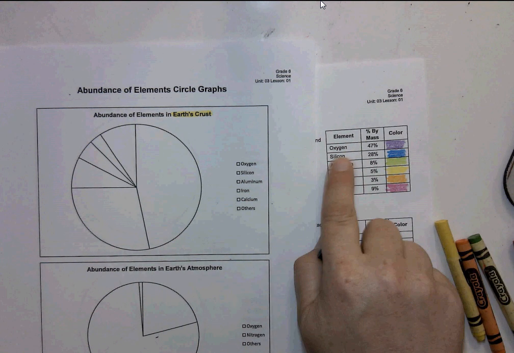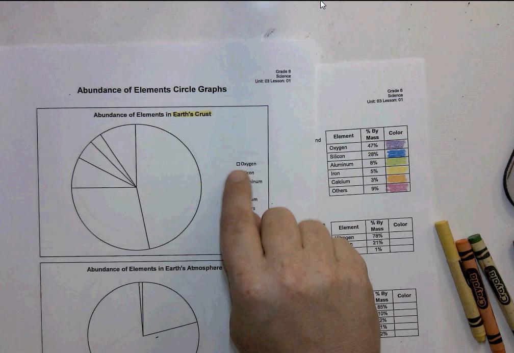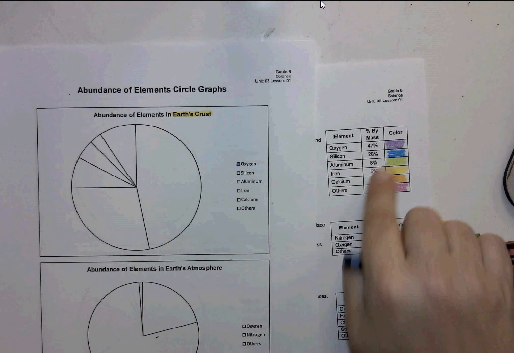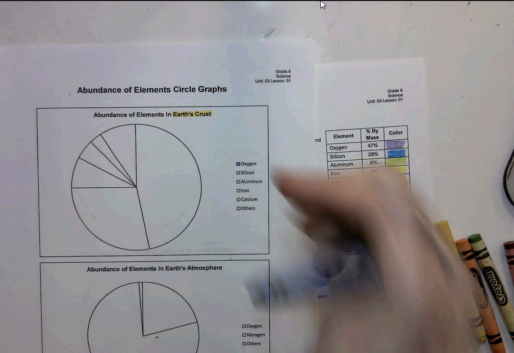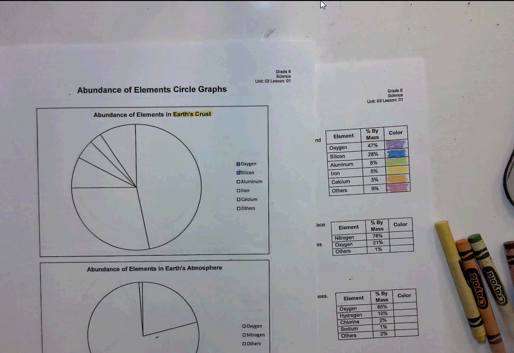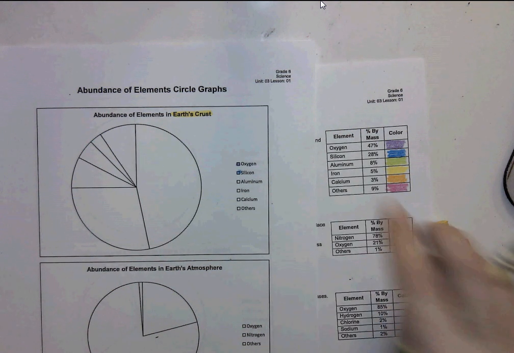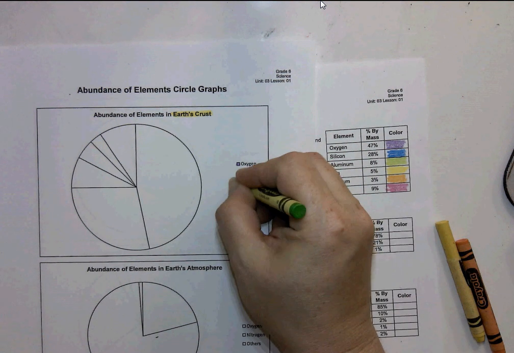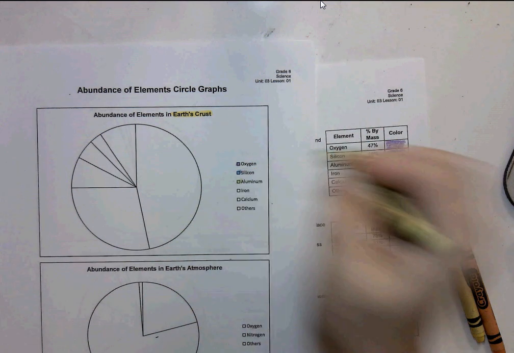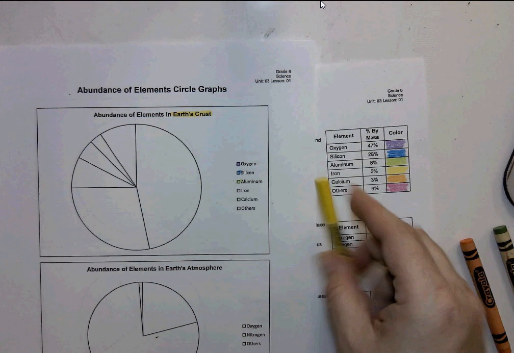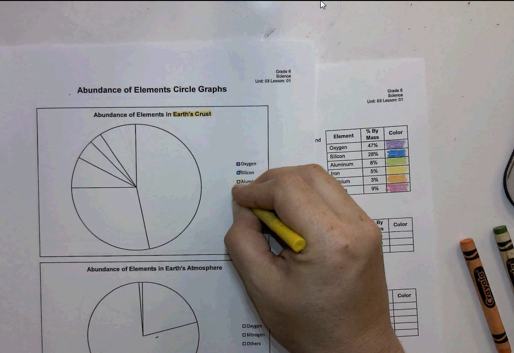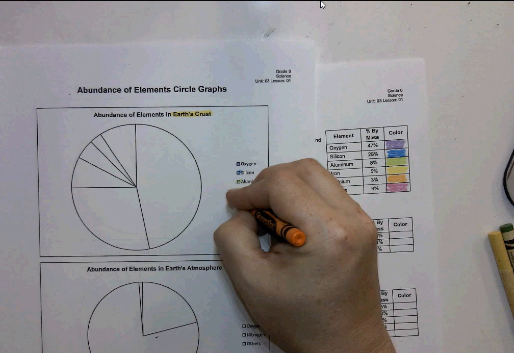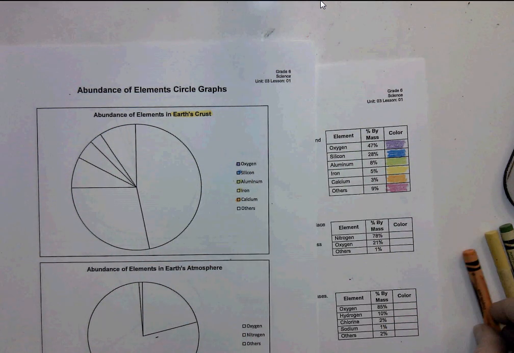So oxygen is purple, silicon is blue, aluminum is green, iron is yellow, calcium is orange, and other is red.